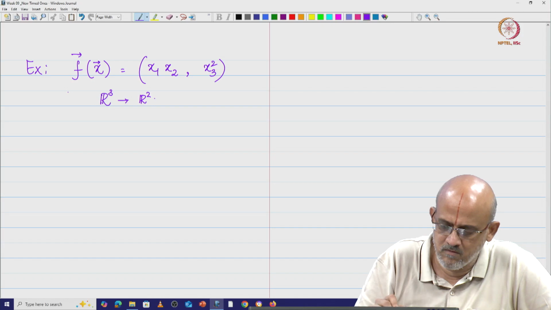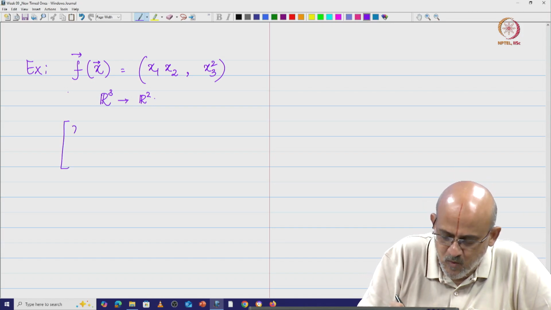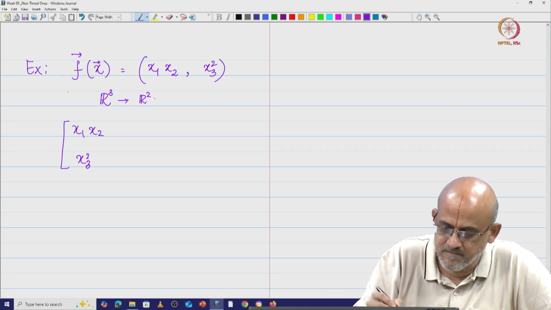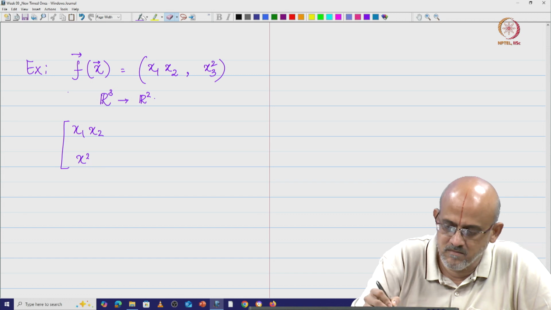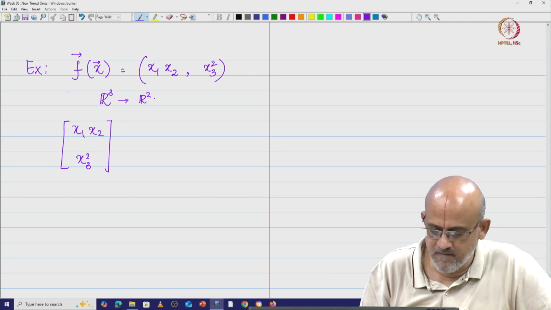So, what are we going to do? We have x 1 x 2 and we have x 3 squared. This is the function that we have.